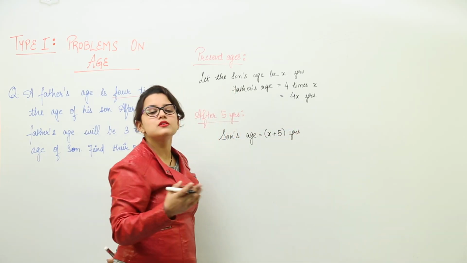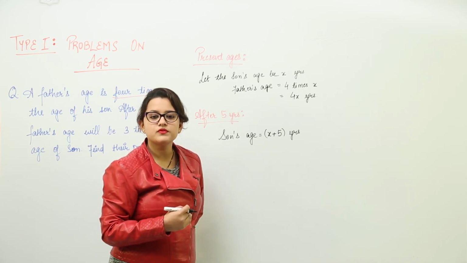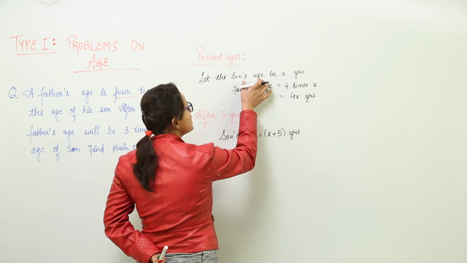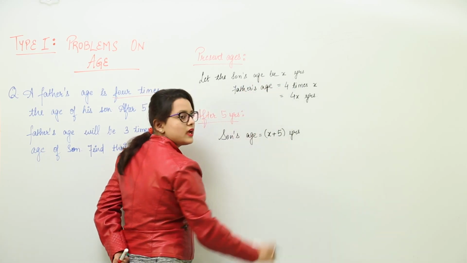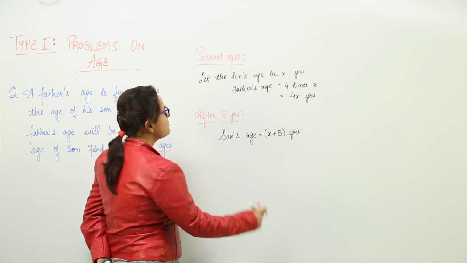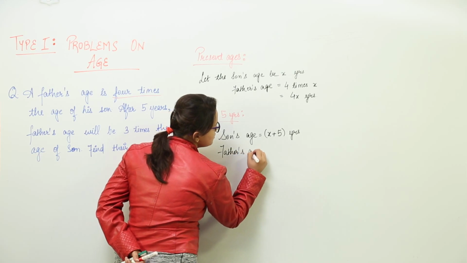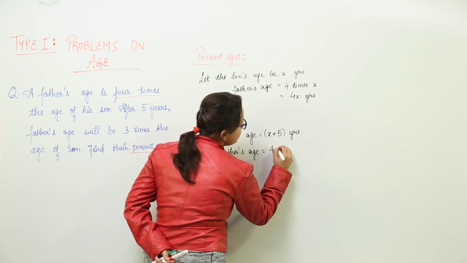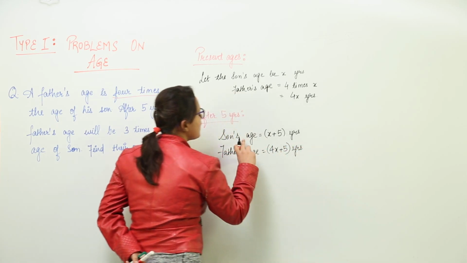If you are 10 years old right now, after 5 years you will be 15. Similarly, if the son's present age is x years, after 5 years he would be x plus 5 years. Similarly, his father's age would be 4x plus 5 years.